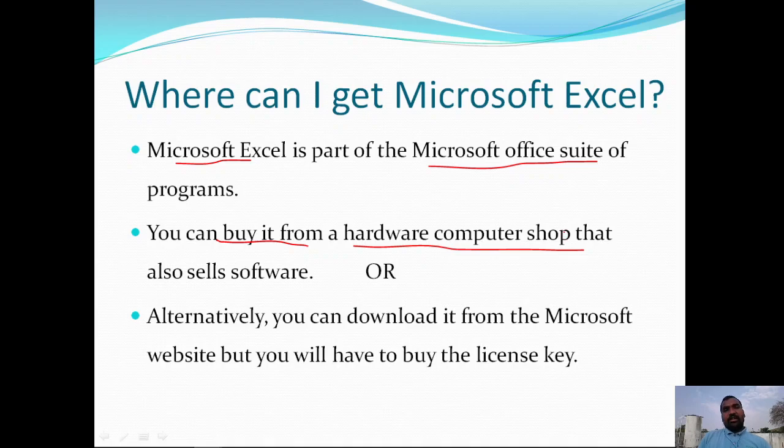Generally, where we purchase computers or laptops from shops, there we can purchase the Office Suite software CD, or you can download it from the Microsoft website by registering ourselves and paying the license key fee.